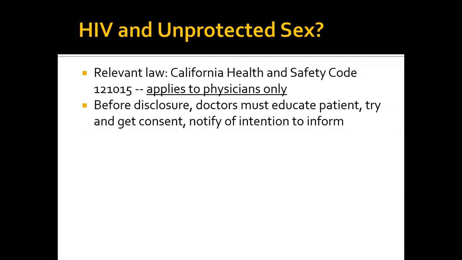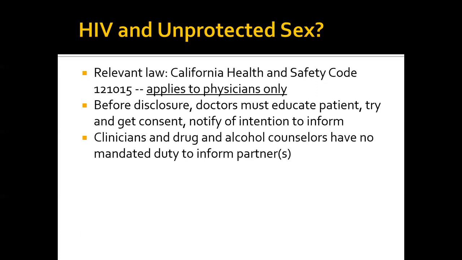So for the medical doctors, before they disclose this information to a partner, they must educate the patient, try to get consent, tell them, hey, I'm going to inform your partner that you're HIV positive and having unprotected sex. Let's have you do it instead. But clinicians, so mental health clinicians and drug and alcohol counselors have no mandated duty to inform partners.